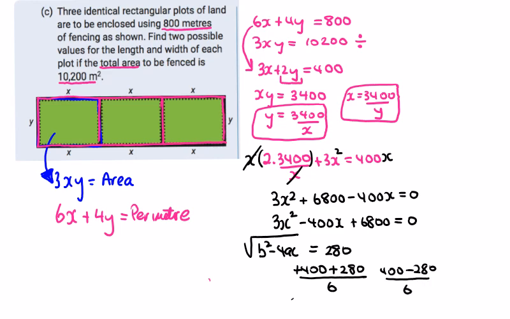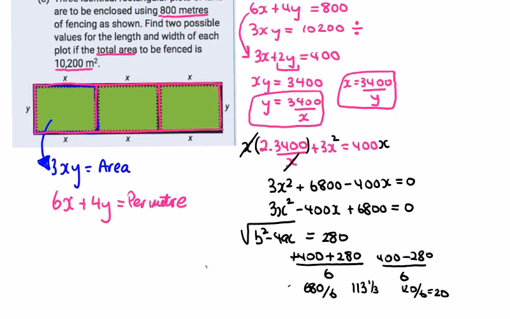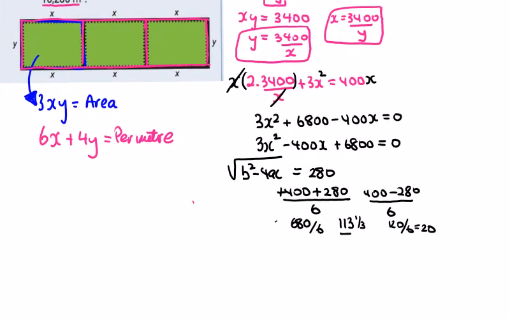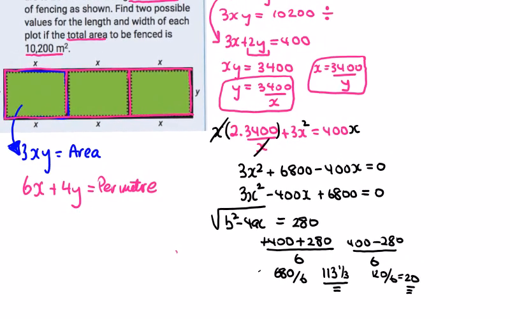So 680 over 6, which is 113 and a third, and then we have 120 over 6, which is 20. So maybe it does factorize in the end, but the two answers here are 113 and a third and 20, and then we'd have to get another value for the other variable.